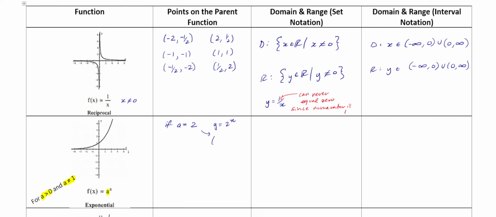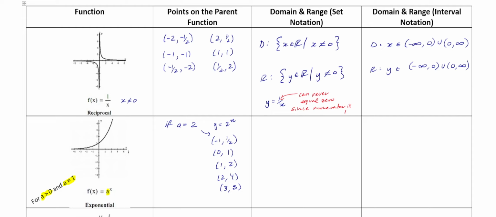If x is -1, this is 1/2, because a negative exponent produces a reciprocal. If x is 0, that's simply 1. If x is 1, this is 2. If x is 2, that's 4. If x is 3, this is 8. So that would be if you have a base of 2.